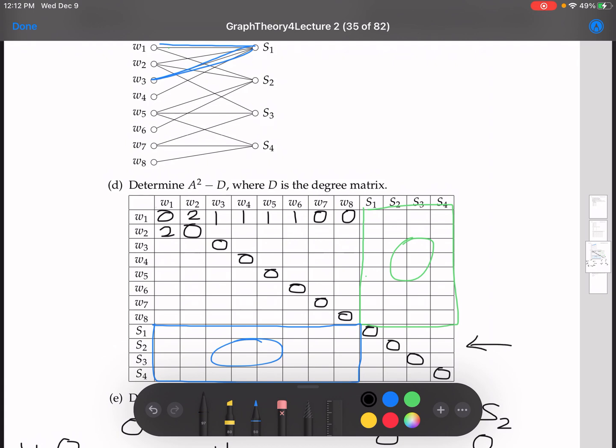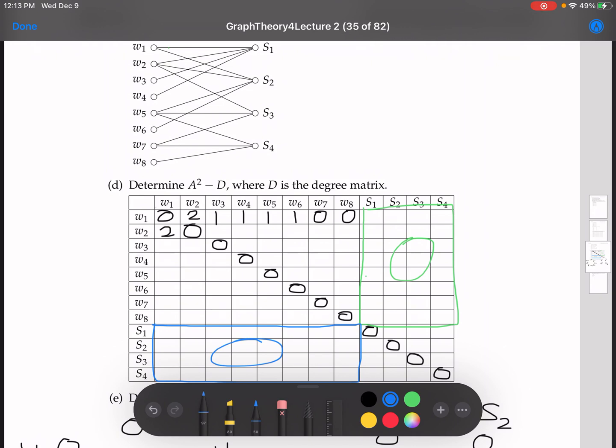All right, now let's look at this row right here, this entry, and then these couple of entries here. So first we have S2, S1, or S1, S2, S1.